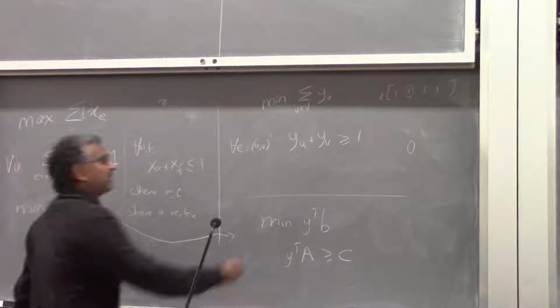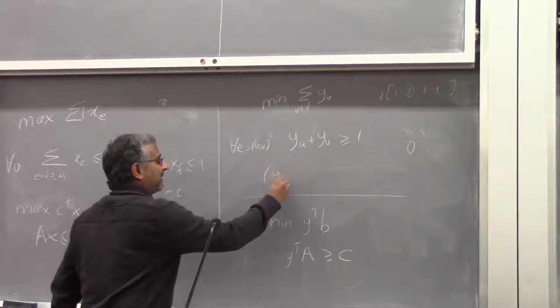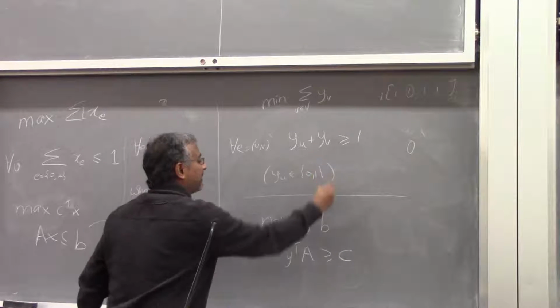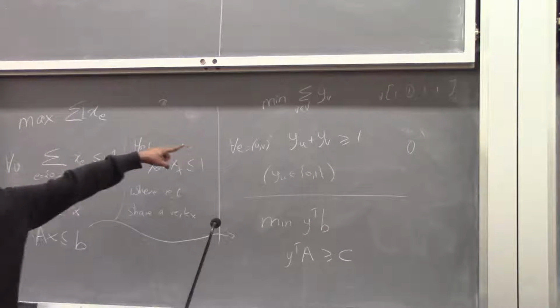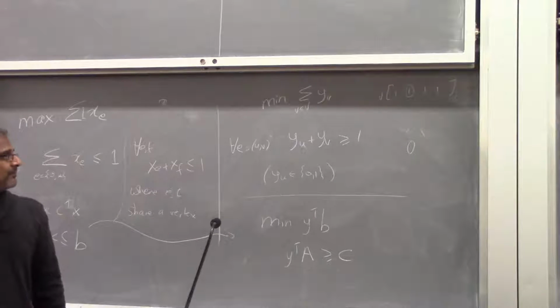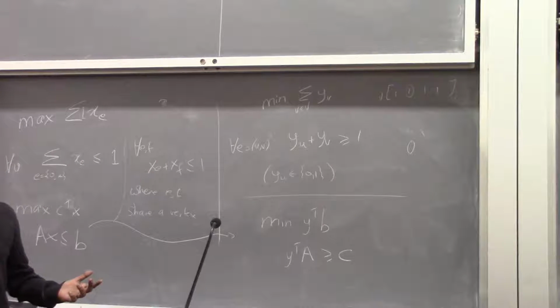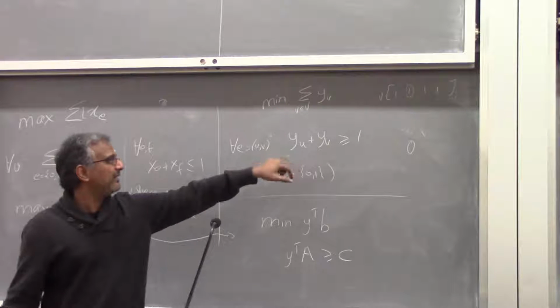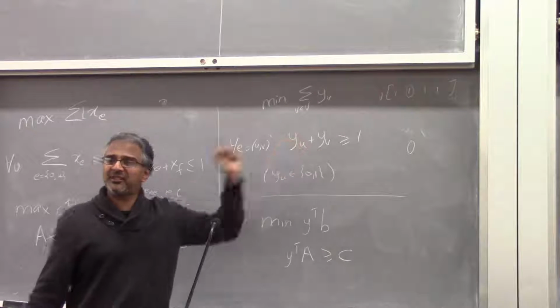Let me now add in some integrality constraints to get an IP. What is this problem? This problem has a name. It's a very familiar problem to you. Just stare at it a bit. I have a graph and a bunch of vertices. I want to minimize the sum of the vertices which is picked, which is 0, 1, subject to this constraint for every edge.